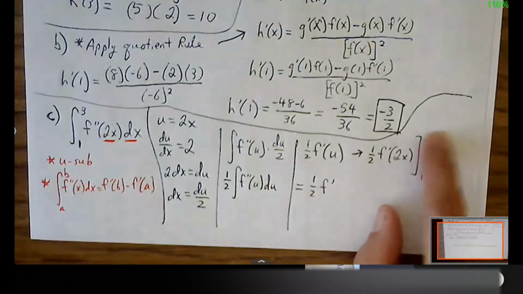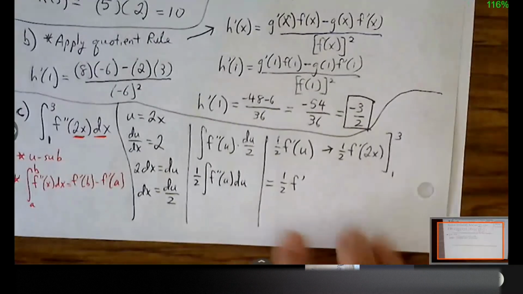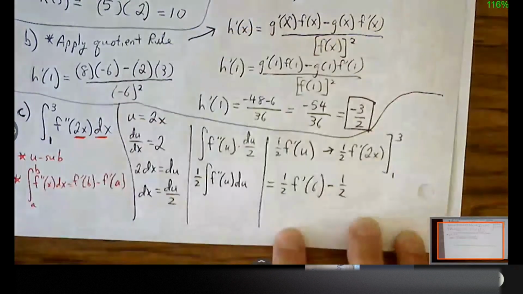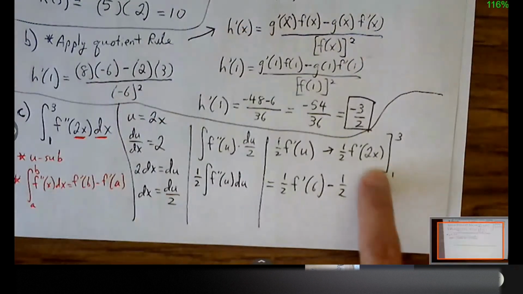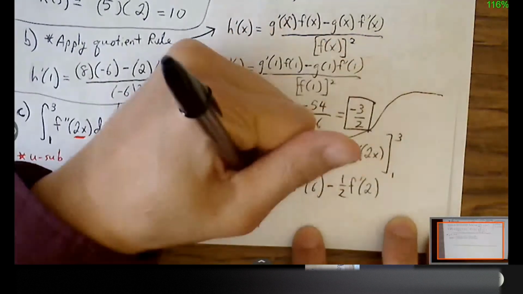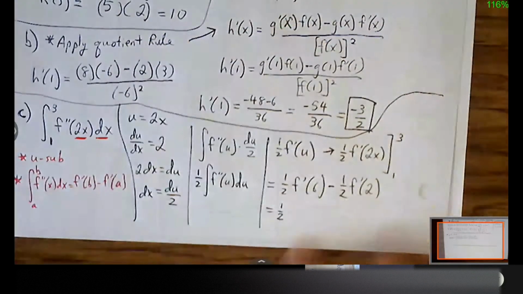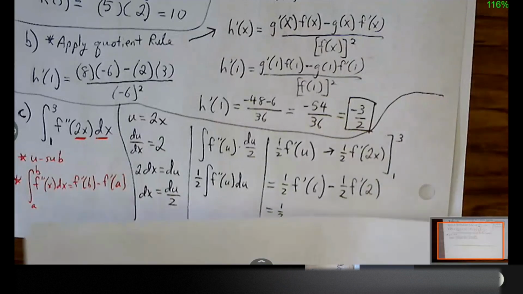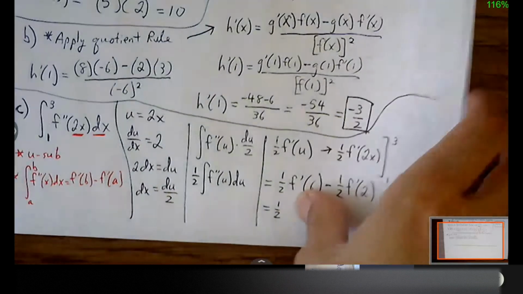Upper bound first, 3 in for x. We get 2 times 3, which is 6. Lower bound next, 1 in for 2x. We go to our table. We want to find f prime of 6 and f prime of 2.